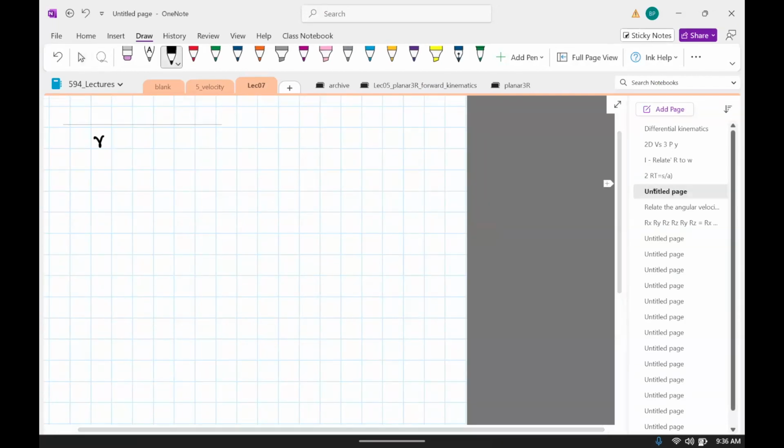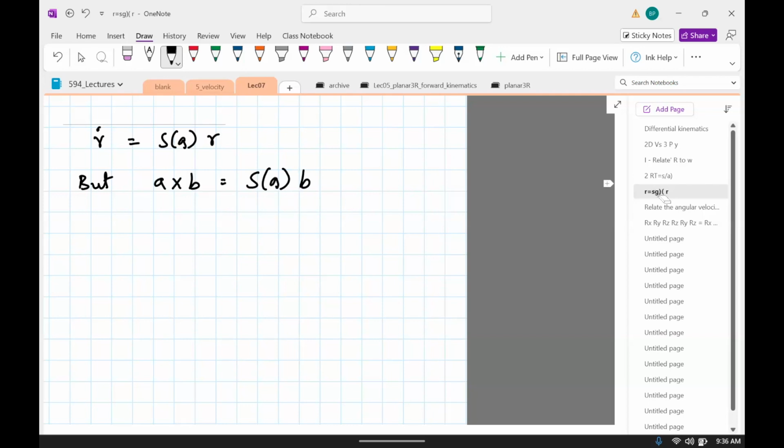I'm just rewriting that: R dot is S of A times R. But we know that A cross B is the same as S of A times B. This was one of the problems you did for your homework 1, where you can write the cross product of vectors A cross B as the skew symmetric matrix times B. Everything on the left is a vector operation, the cross product, but everything on the right is a matrix operation.